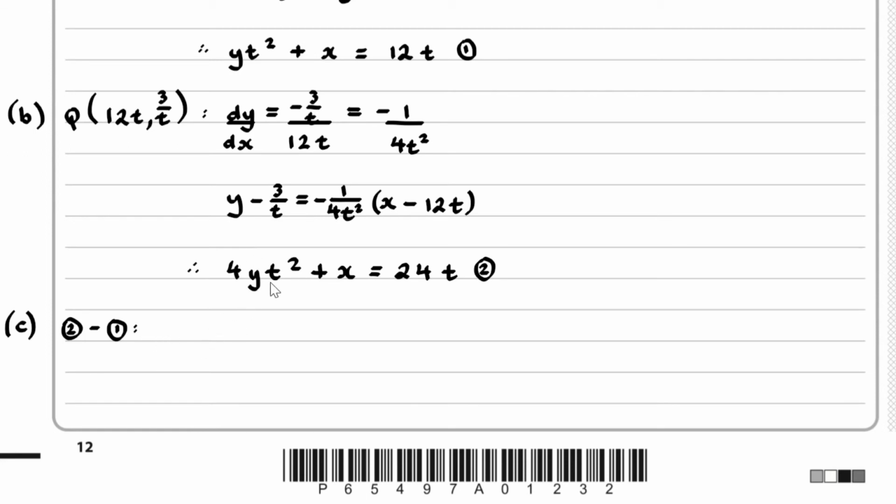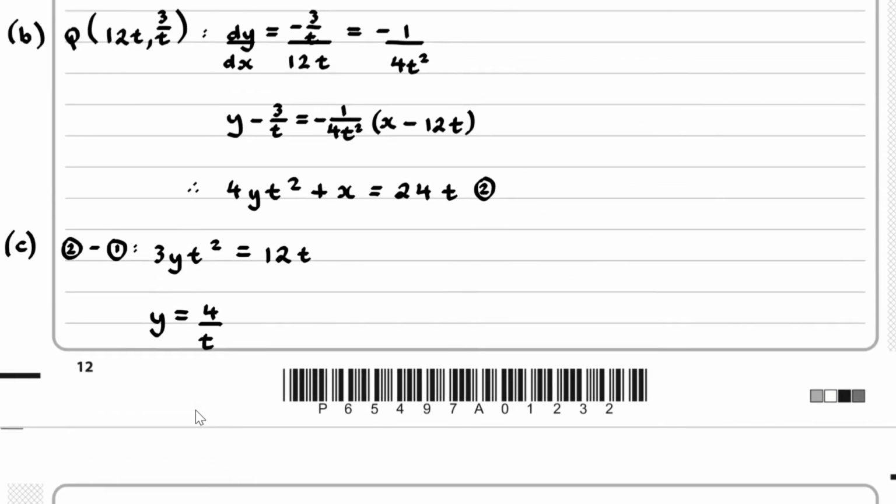So 4yt squared subtract yt squared, that is 3yt squared. x subtract x is 0, and then we've got 24t subtract 12t, which is 12t. And therefore, if we solve for y, y is equal to 4 over t.